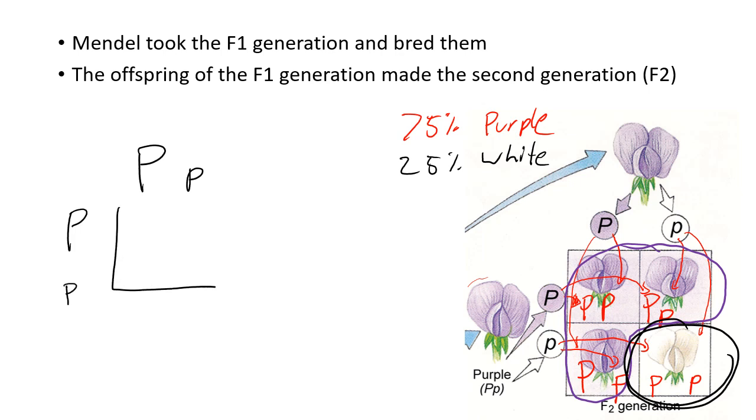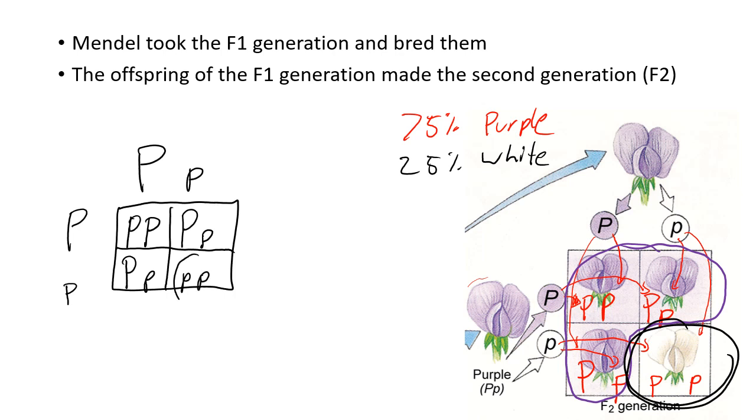And when you cross these things, there are 4 different possible outcomes for this particular phenotype. We can have big P, big P, which would be a purple flower. Big P, little p would also be a purple flower. Big P, little p, purple flower, and then little p, little p, and this is your white flower. So that's 1 out of 4 possibilities, or in other words, 25% is going to be white.